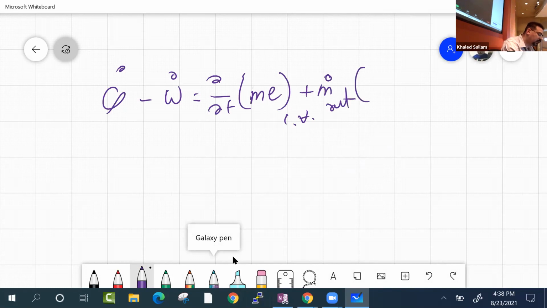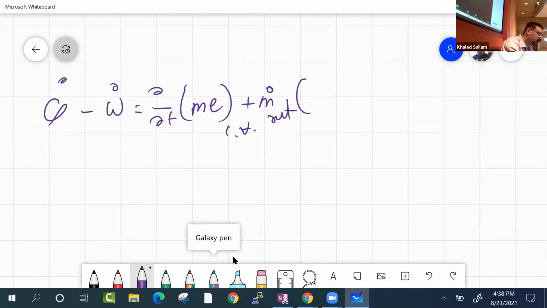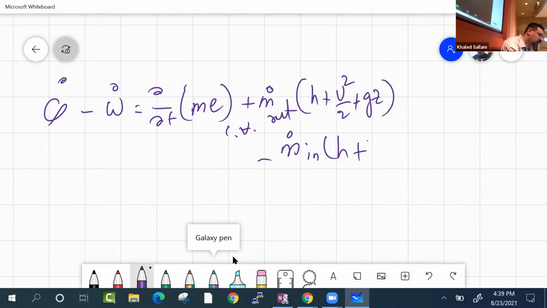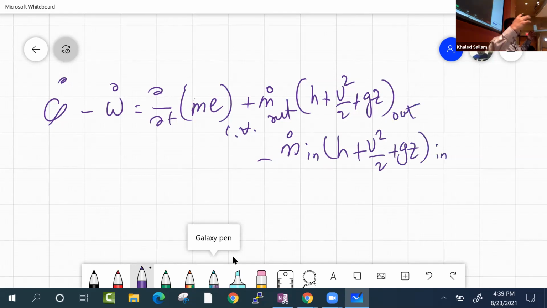And then over here, they put the h plus v squared over 2 plus gz, minus m dot in times h plus v squared over 2 plus gz. And this is out, and this is in. There is something nice about knowing the general equation, right?